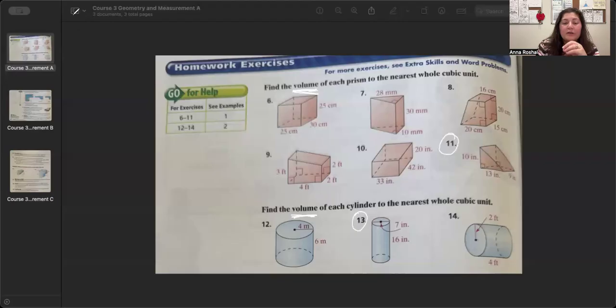With regard to formulas, the volume for any prism, and these shapes on this particular slide are all prisms because they have the same top and the same bottom. Because they have the same top and the same bottom, they're considered prisms versus cones.